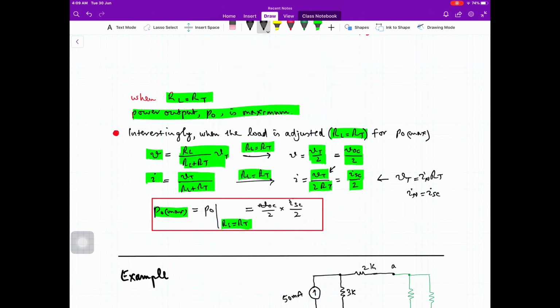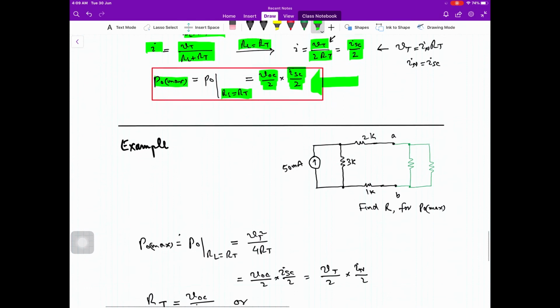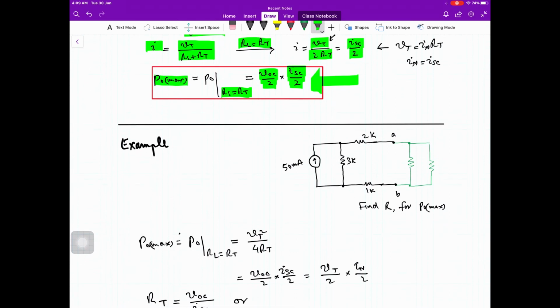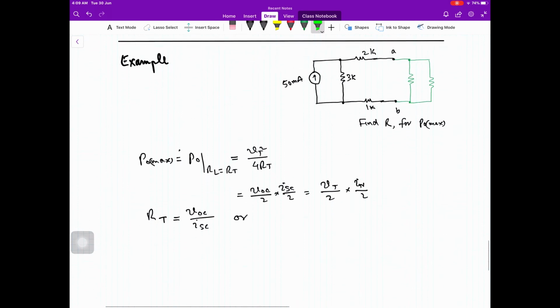The voltage is VO divided by 2, and the current is I short circuit divided by 2, and we can express the maximum output power in this expression as well. There are a lot of examples which can be discussed, but it is a short lecture. Today's lecture is a short lecture.